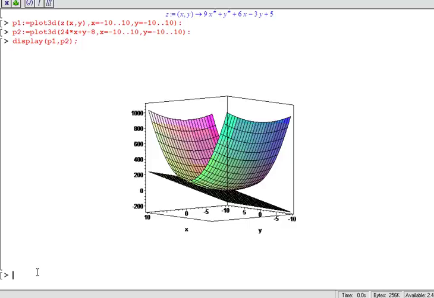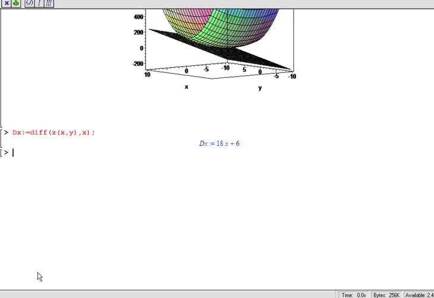Now I want to show you how you can find the partials. Let's define dx to be the derivative of z with respect to x. That should give us the first partial. And then if we want to evaluate it, we'll plug in 1. X was 1 here. And it gives us 24, which is what we got by doing it by hand. And then we can take the first partial with respect to y.